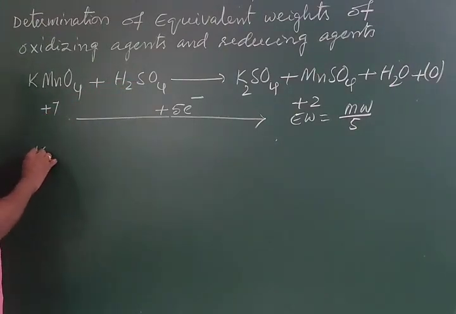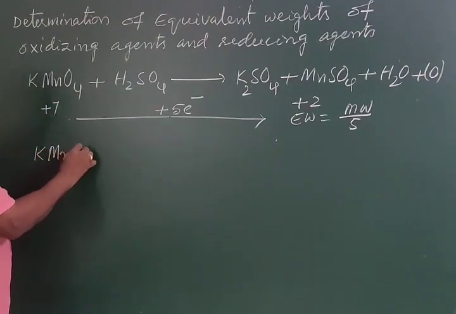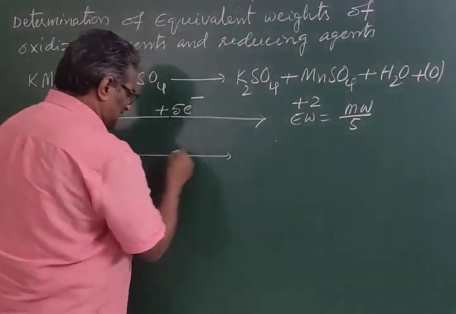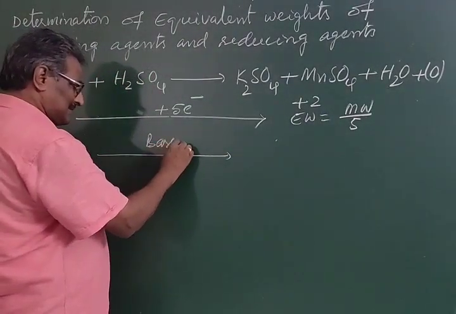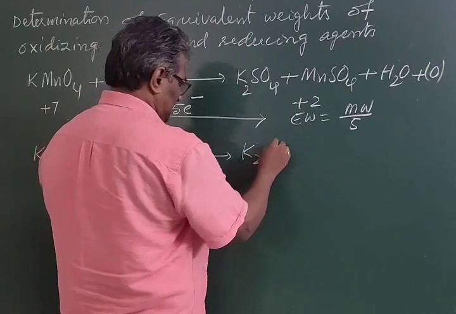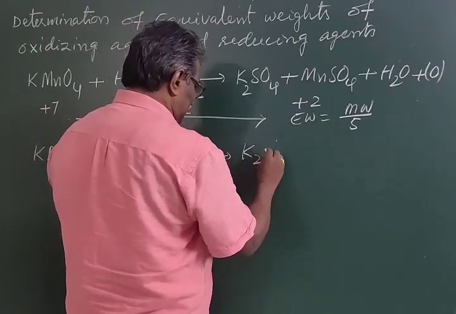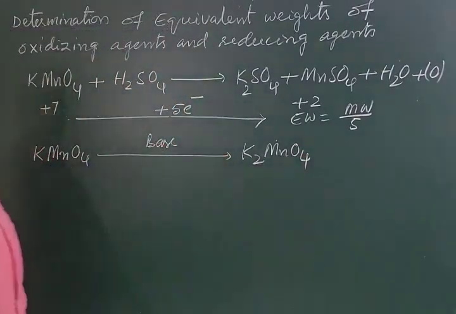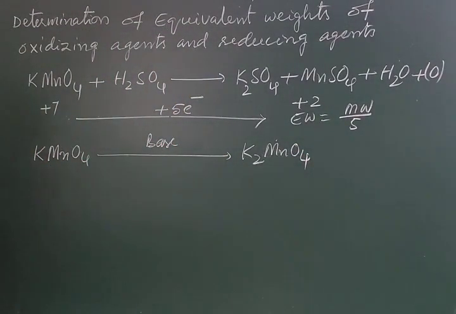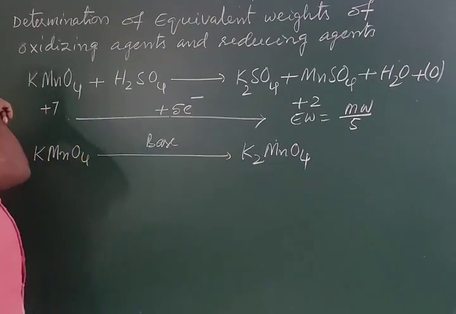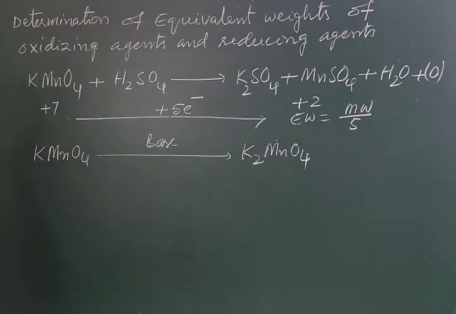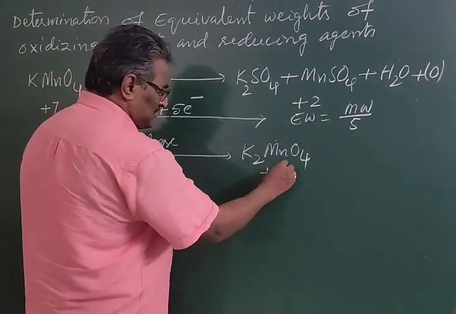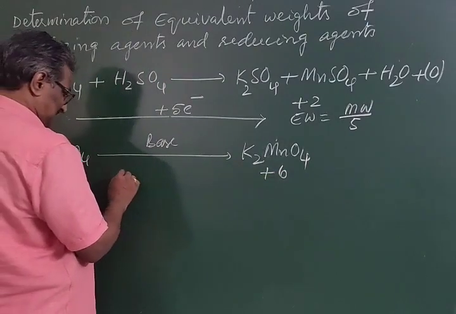The same potassium permanganate in the presence of a base changes to potassium manganate. The +7 oxidation state changes to +6 oxidation state.